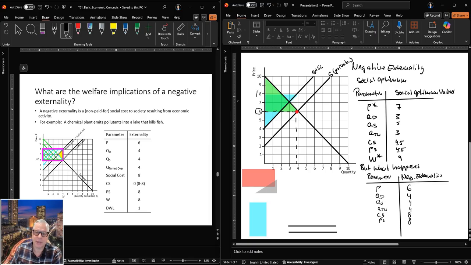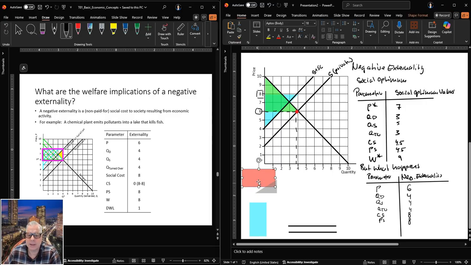It's the same thing. So technically they get 8 because of the value of 2 in pollution they get for free.